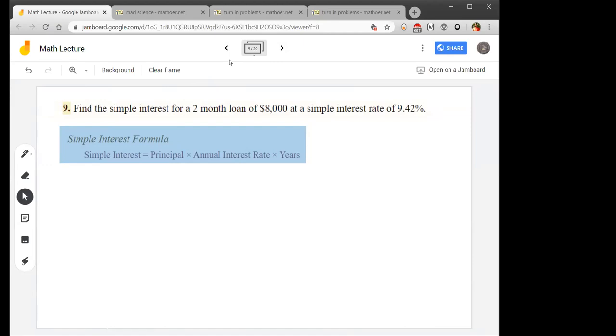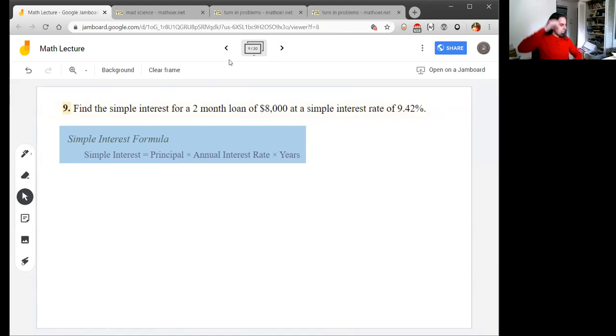Okay, I'm going to write this in two different ways because there are two different styles of how to do these kinds of formula things on paper. Some people just like plugging things in as soon as they can. So they'll say, I'm looking for the simple interest. The 8,000 is the principal.